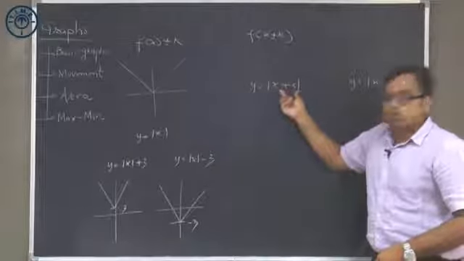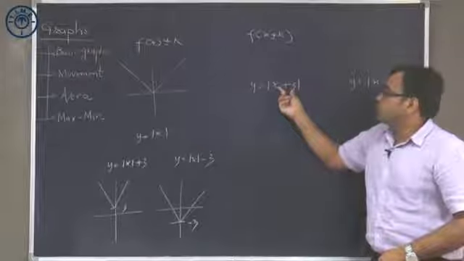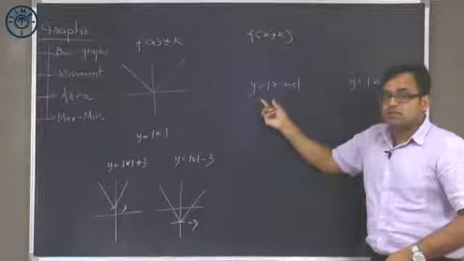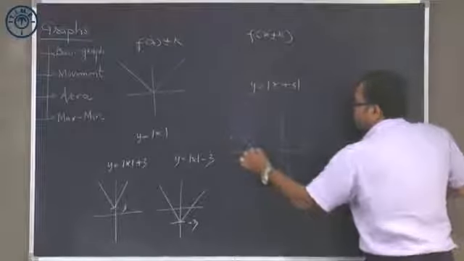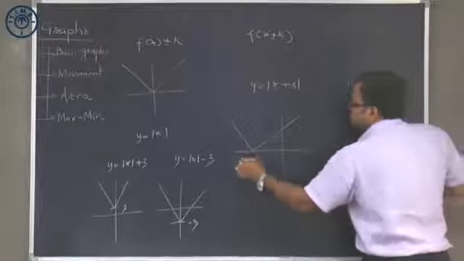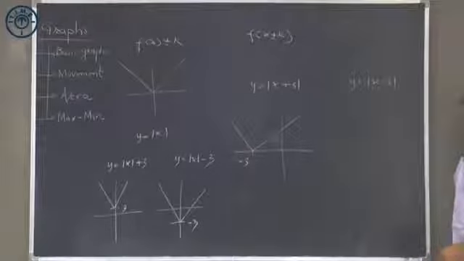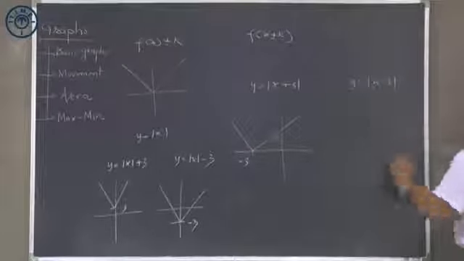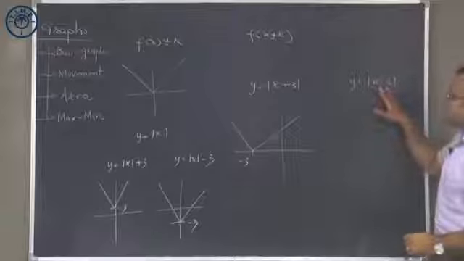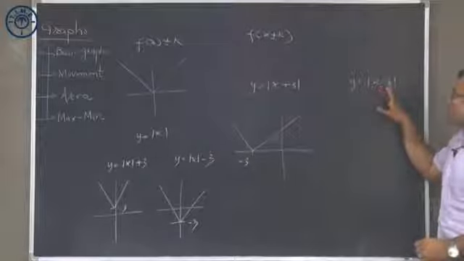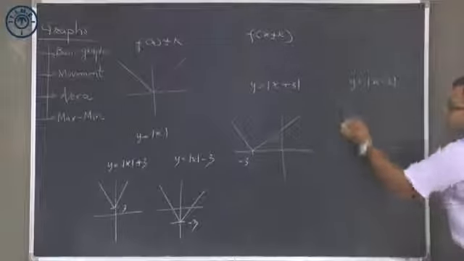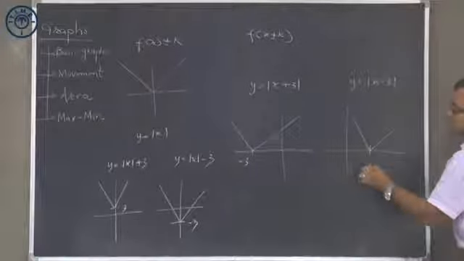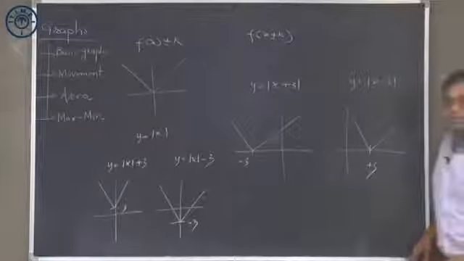When x plus 3 is equal to 0, that means that x is equal to minus 3. If x equals minus 3, the graph of this expression will be like this. So this will intersect when x is equal to minus 3. Similarly, if I look at mod of x minus 3, this will be touching 0 when x minus 3 is equal to 0, which means that x equals plus 3. So if it touches when x equals plus 3, this becomes the plus 3.